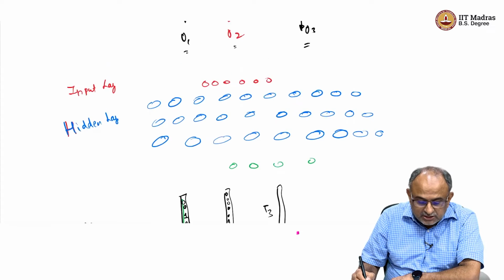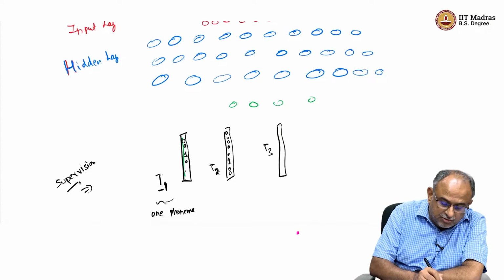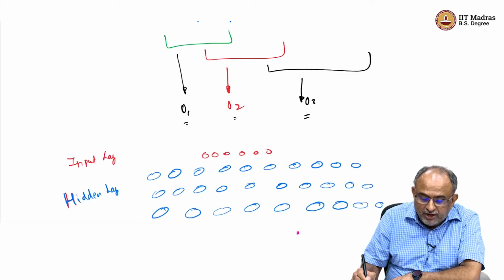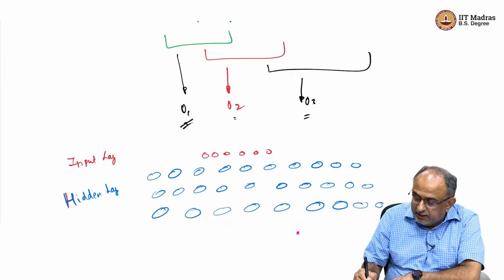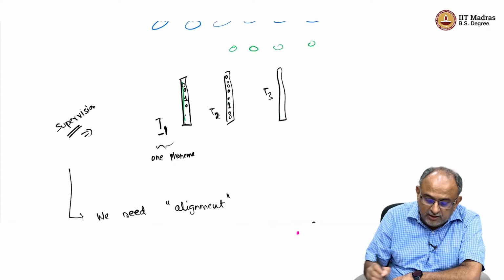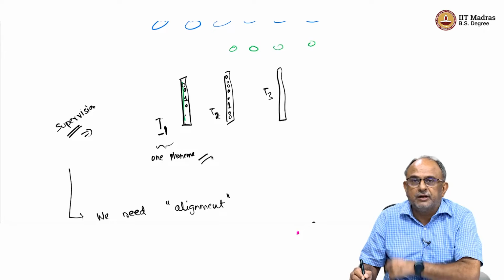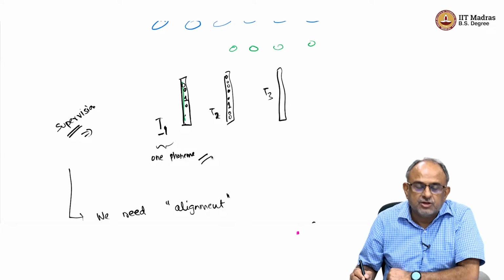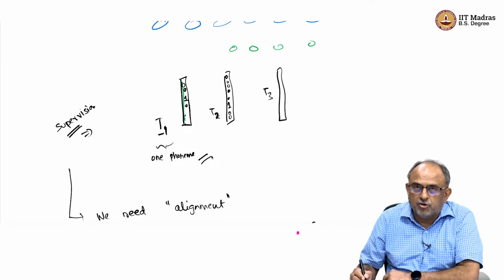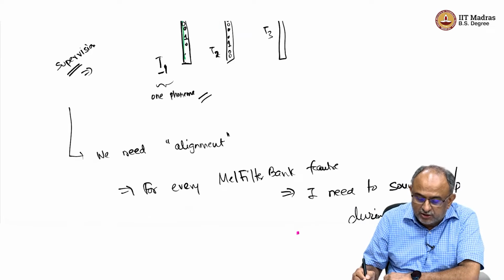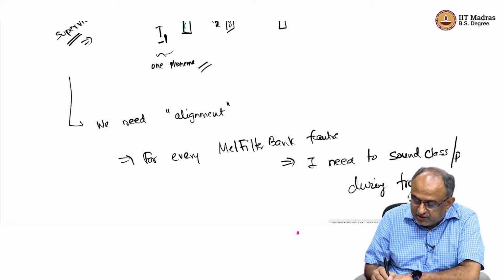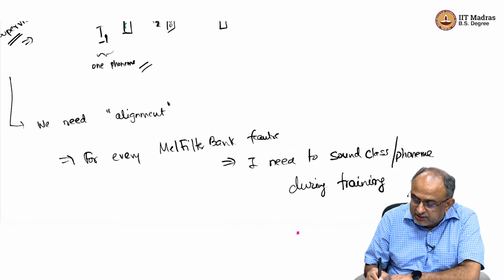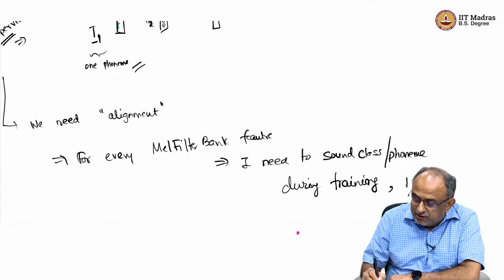So, this is called alignment because I need supervision. So, for every input I need to know what was the correct output, the correct desired target. So, this is called supervision, also known as alignment. So, we need to align. So, for every feature I need to know the sound class or phoneme, that means I need to know the target.